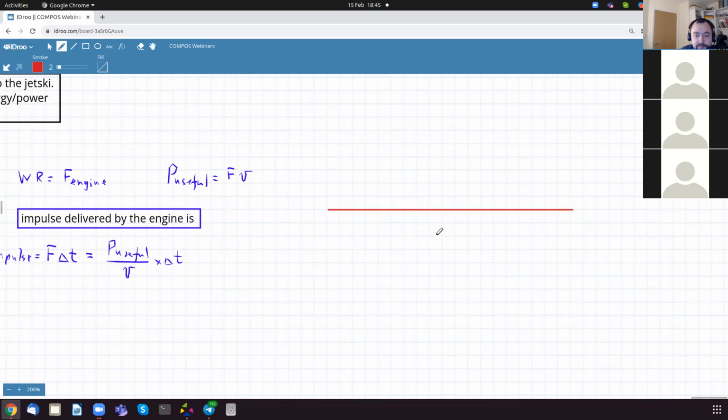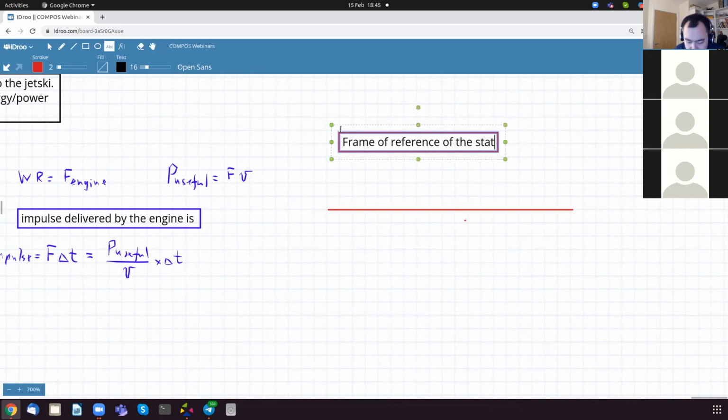So initially, the water is stationary. So this is the frame of reference of the stationary water.